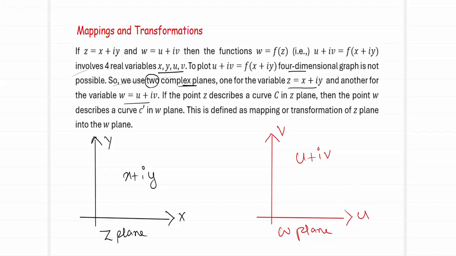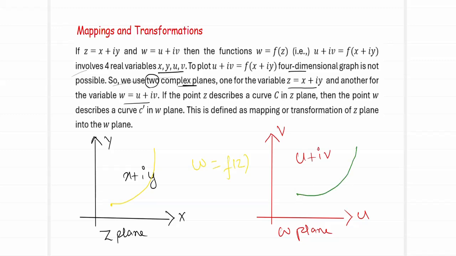Now, whenever I have a curve over here in my z plane at any particular point, the transformation w equal to f of z will give me a different curve that will be defined in my w plane.